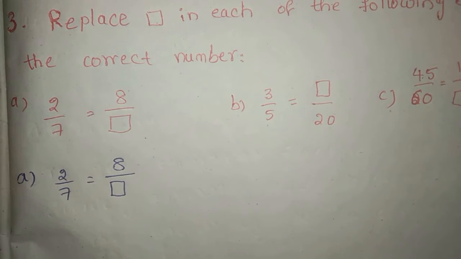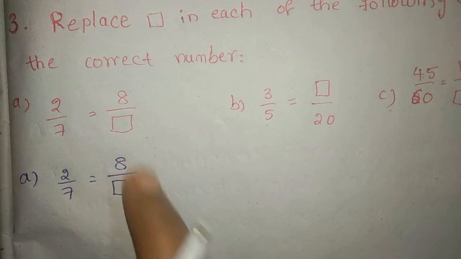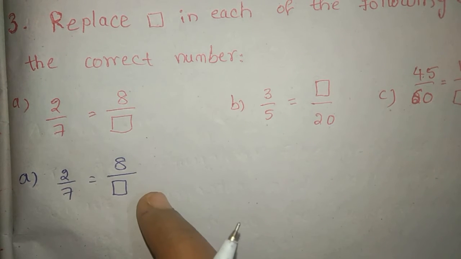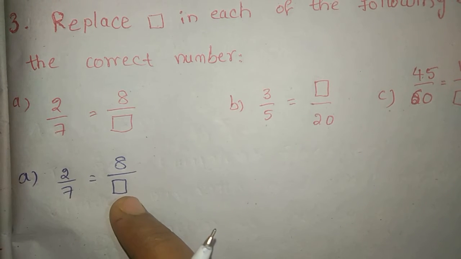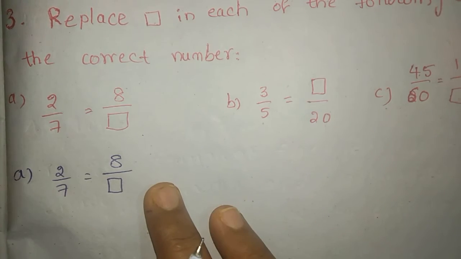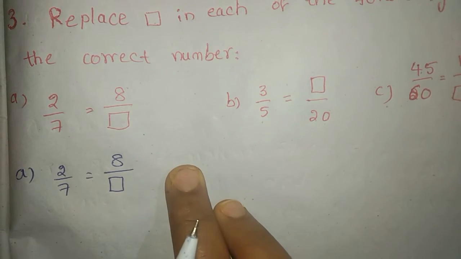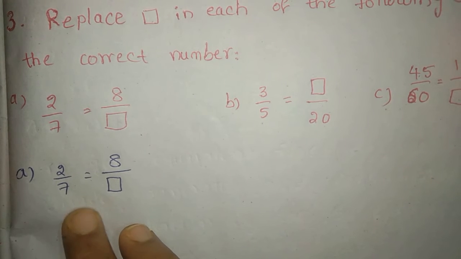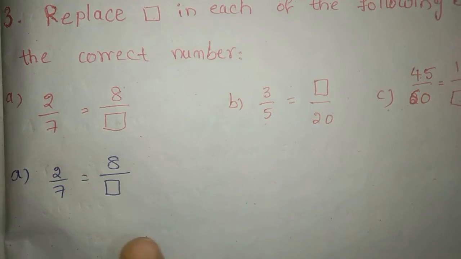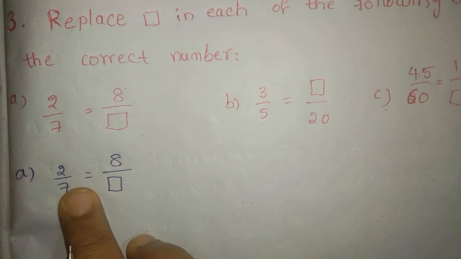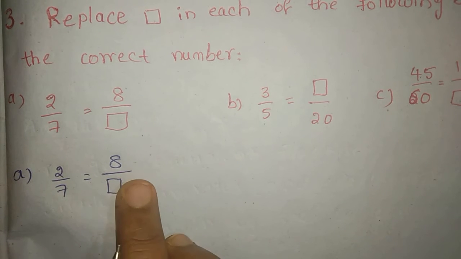Okay. Now the first question, 2 by 7 is equal to 8 by box. In this, the 2 fractions are equivalent. So we get the equivalent fraction by multiplying both numerator and denominator by the same number. In this 2, how many times do we get 8? That is 4 times. 2 4s are 8.